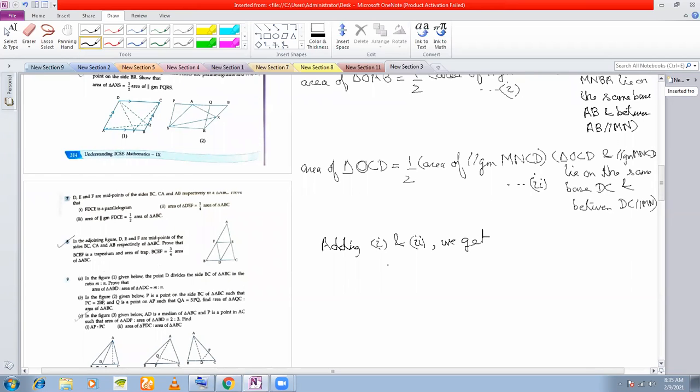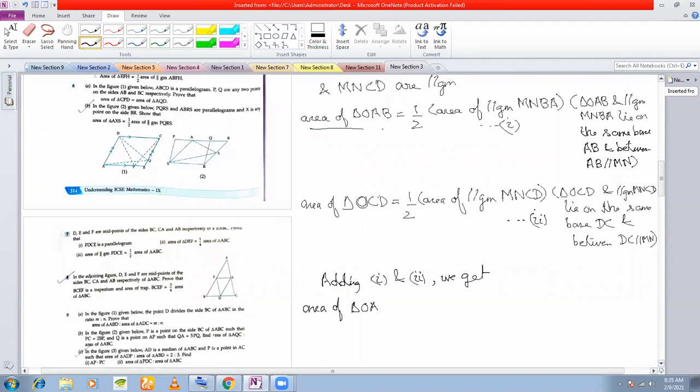Adding 1 and 2, we get area of triangle OAB, that is this one, plus area of triangle OCD is equal to half the area of parallelogram MNBA plus half the area of parallelogram MNCD.